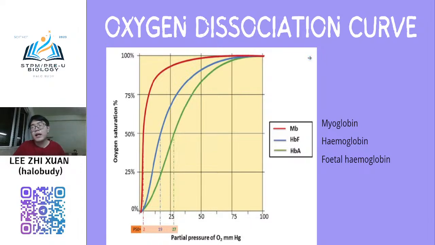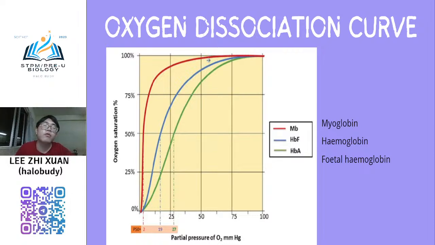In chemistry, I think you learned this term many times, especially in chemical reactions. Here, dissociation refers to how much oxygen binds to the hemoglobin to become oxyhemoglobin. How much oxygen can be saturated? Do you know what saturated means?